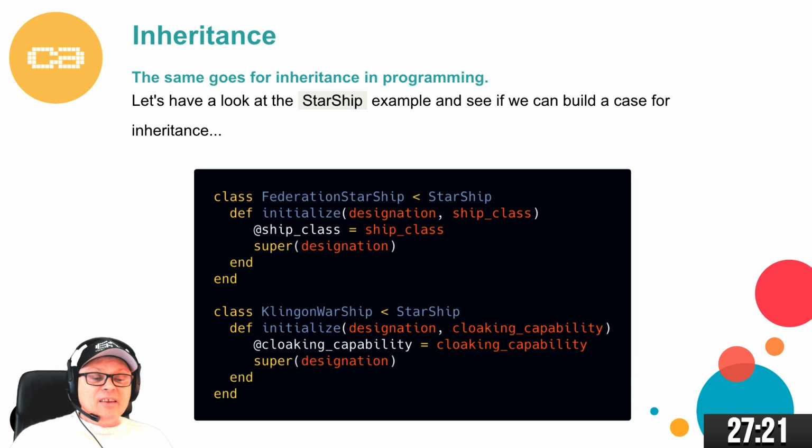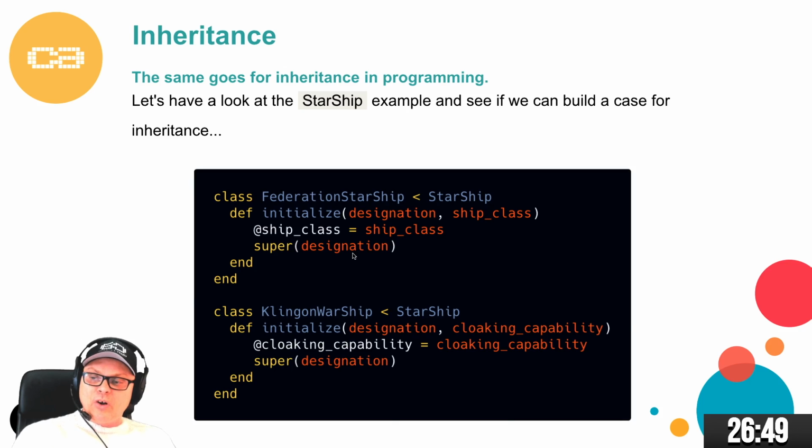And there are plenty of use cases in real life when we move past Star Trek and talk about information systems, when we deal with customers or users or vendors or what have you, right? Where you will have attributes that are common for both instances, but not shared by everyone, and therefore you can break out and create different classes for it, and yet you can still inherit from them.